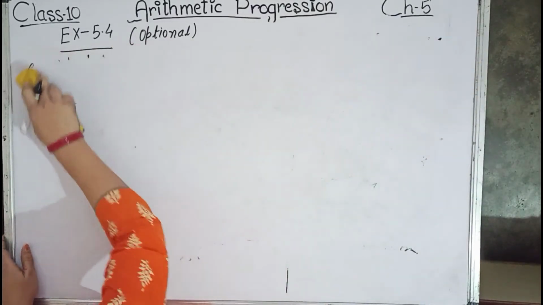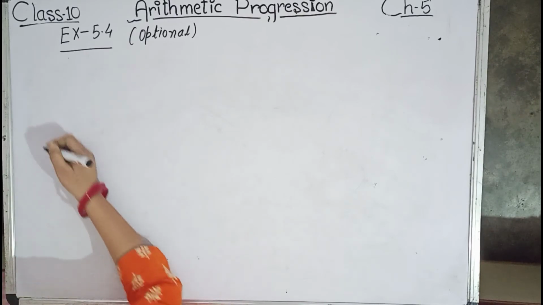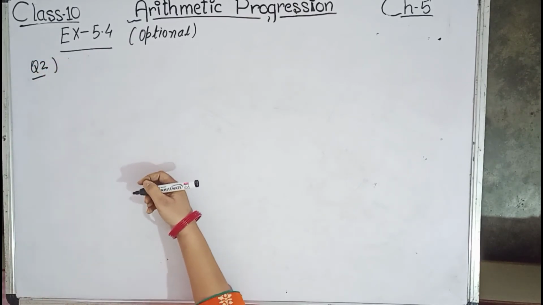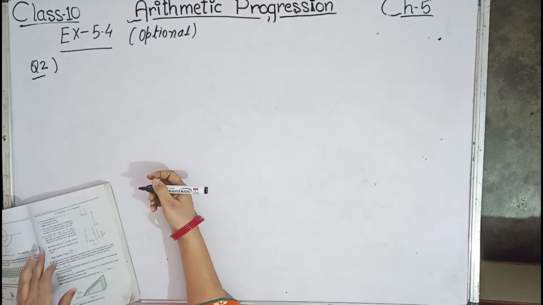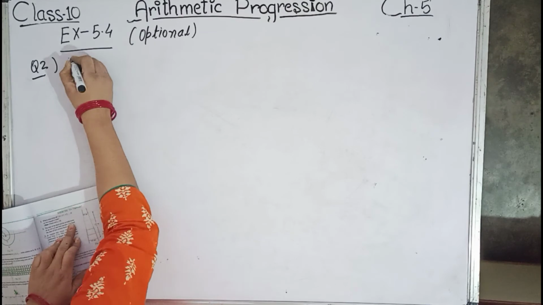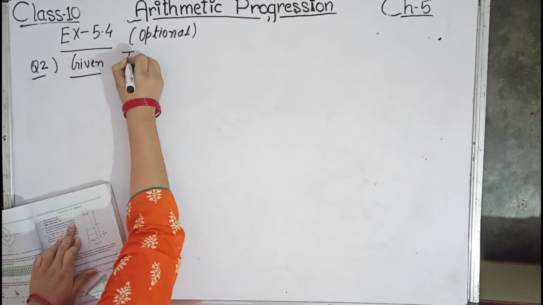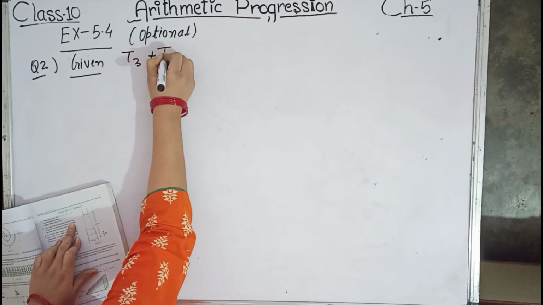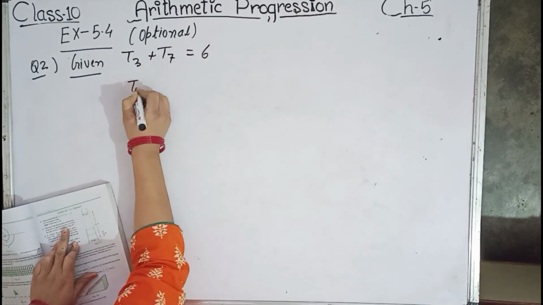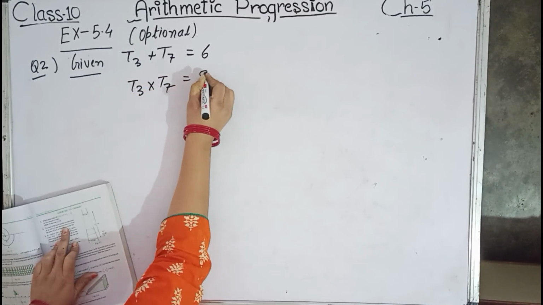Now question number 2. Question 2 is saying that the sum of the third and the seventh term of an AP is 6 and their product is 8.